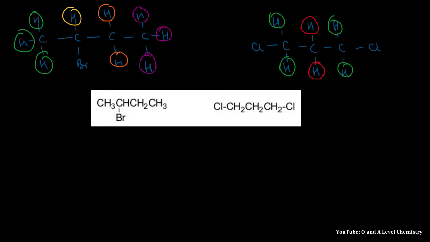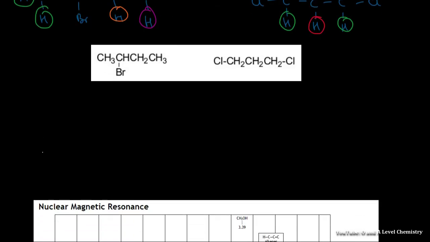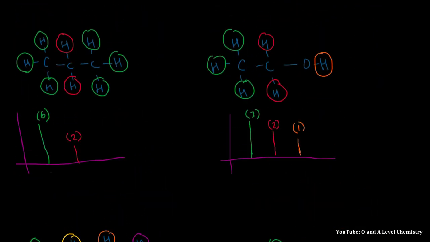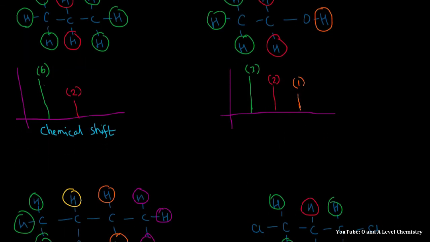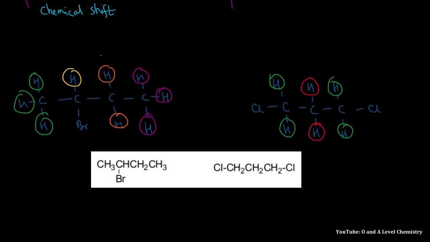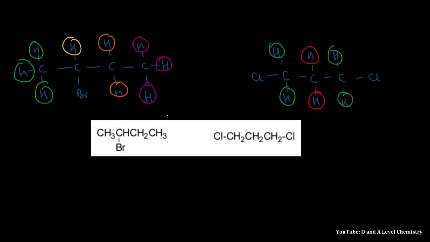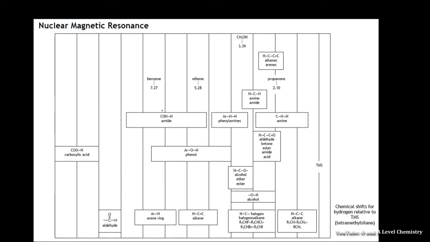So I'm going to be a little bit more accurate this time. I'm not just going to arbitrarily draw them. For that, on the x-axis, there is something called chemical shift. To figure out where these guys would be present, you need to look at the data booklet, which is this.